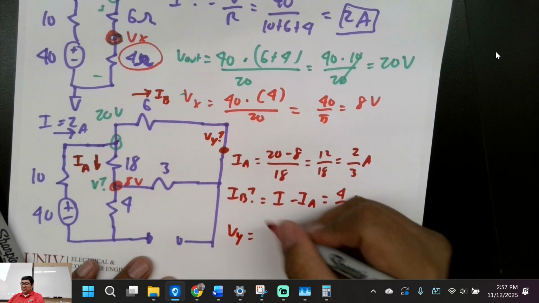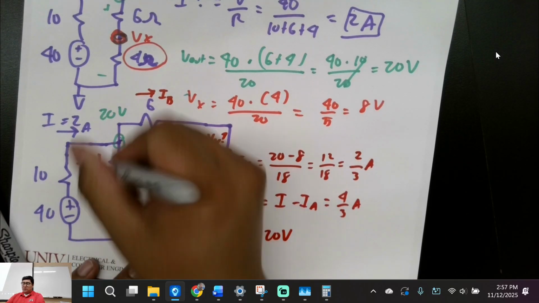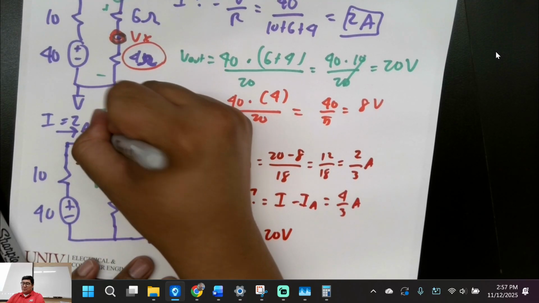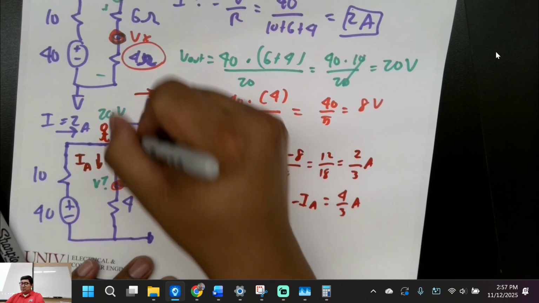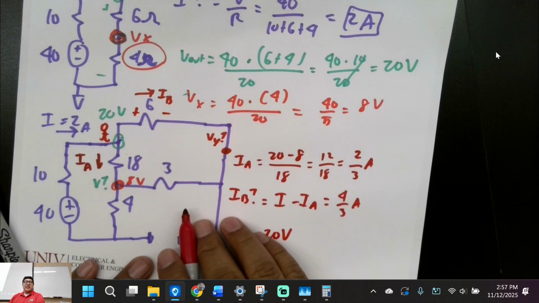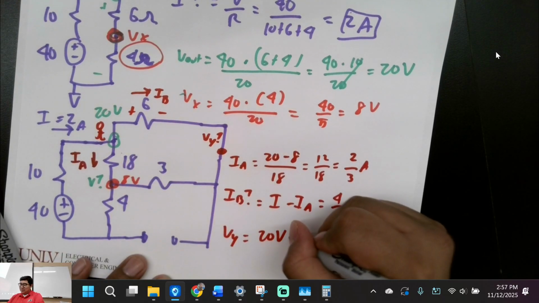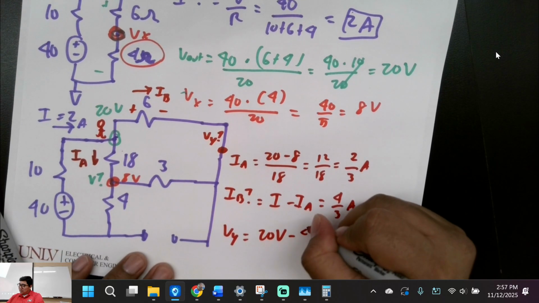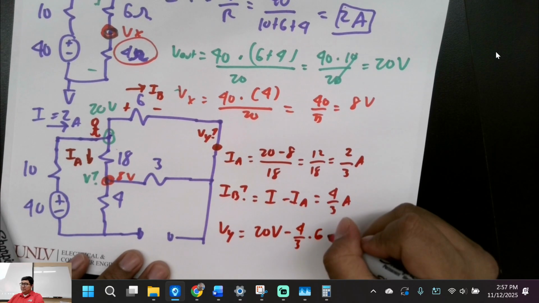Well, we have 20 volts, correct? Running man, remember the running man? We're starting right here at 20 volts. And now I'm just going plus minus down the stairs, by that current times that resistance, KVL, minus. Anyone bothered if I do this? 4 over 3 times 6.